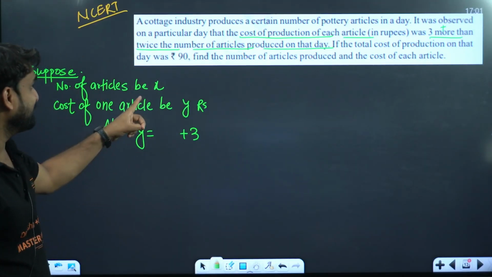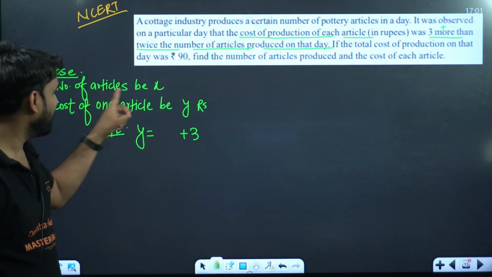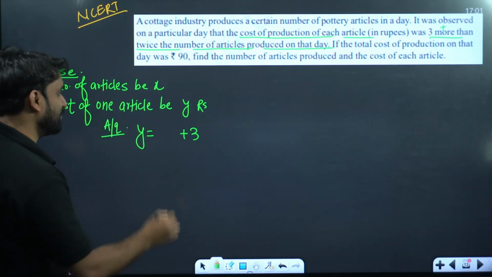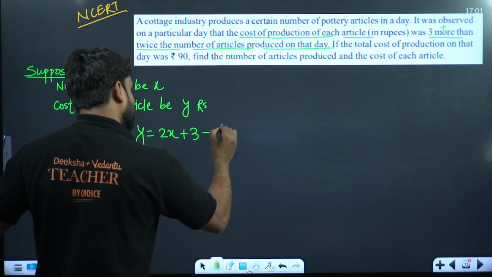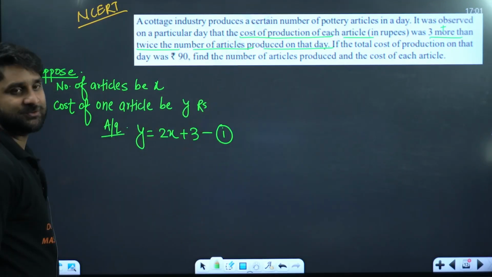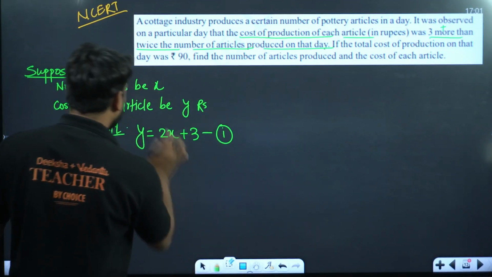And we have supposed the number of articles produced is X. So Y is equal to 2X plus 3. This is the first equation according to the language. I hope this is clear to you all.